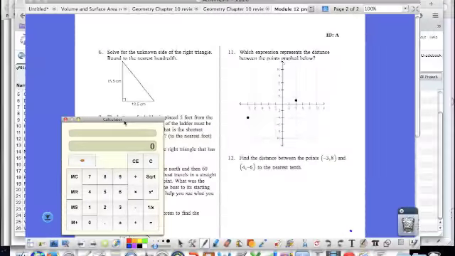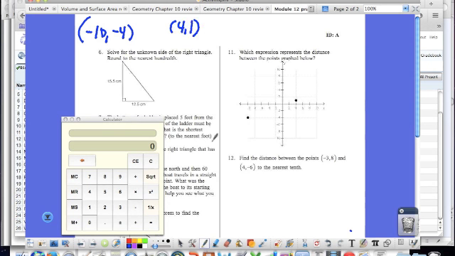Are we using the Pythagorean Theorem? No, we're using the distance formula. It's a little hard to see this on there. What are your points? That's 0, 4. Negative 10, negative 4. And the other one is 4, 1.